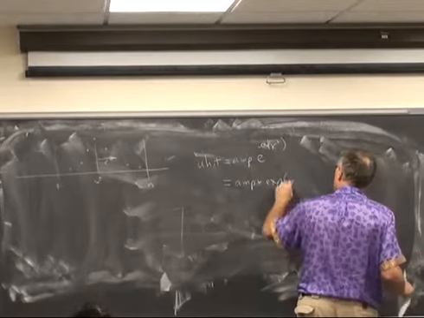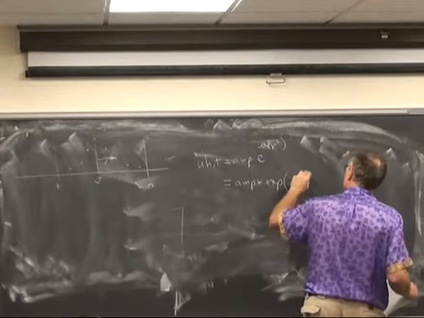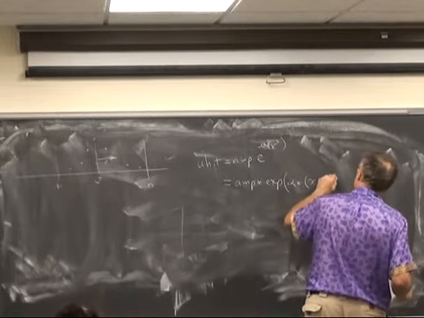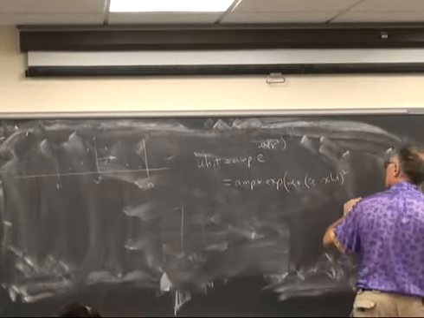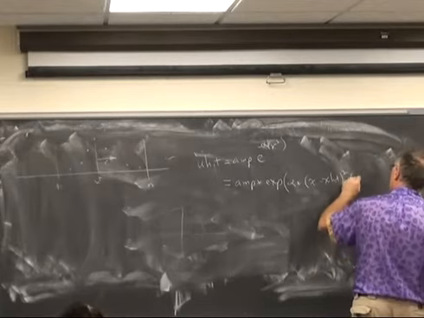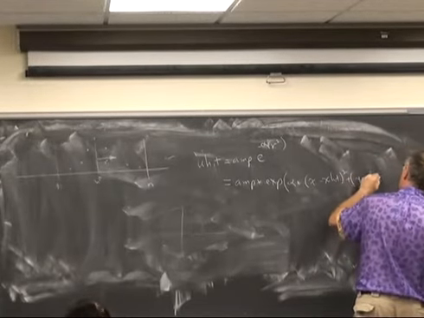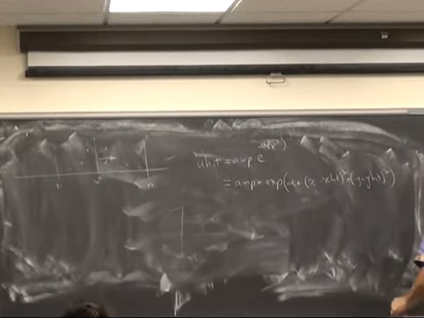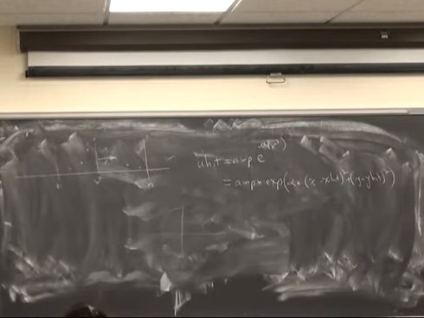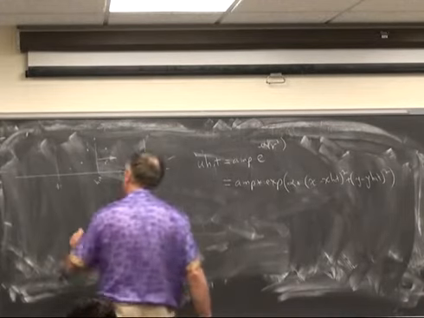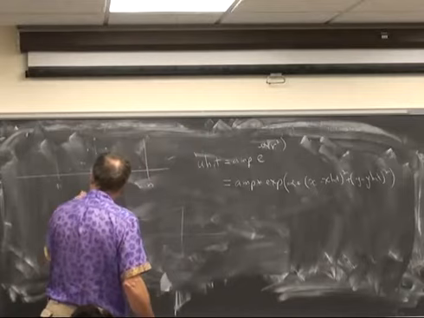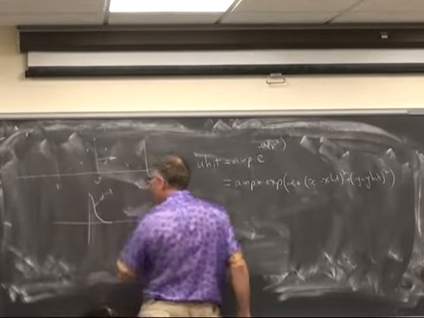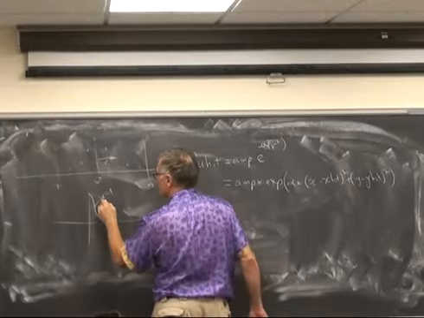It's the exponential of alpha times (x minus x hit) squared plus (y minus y hit) squared. So a big alpha means a tight distribution.